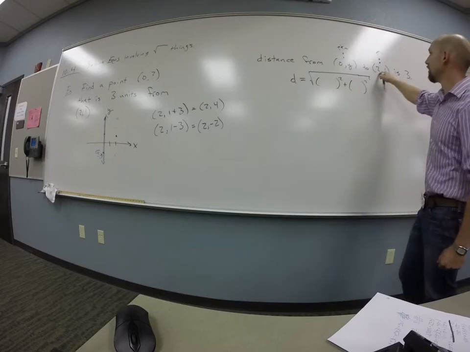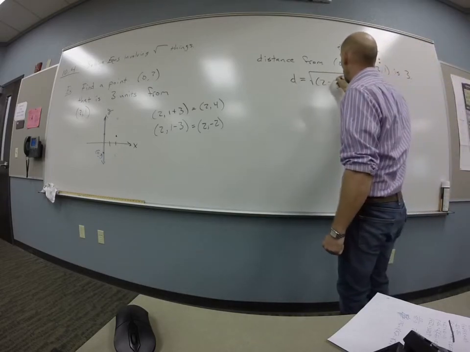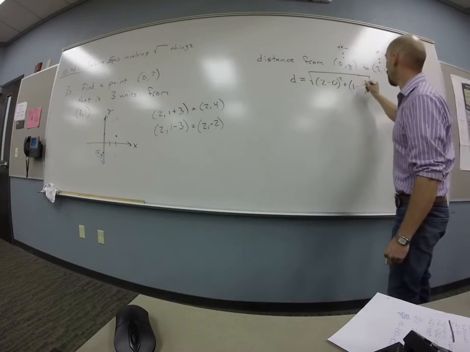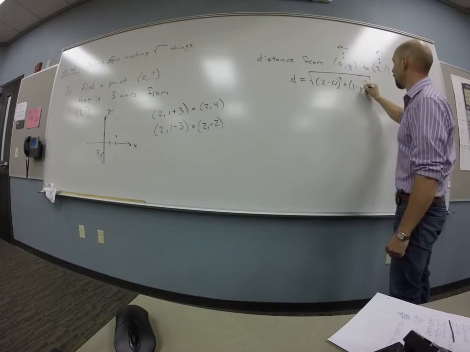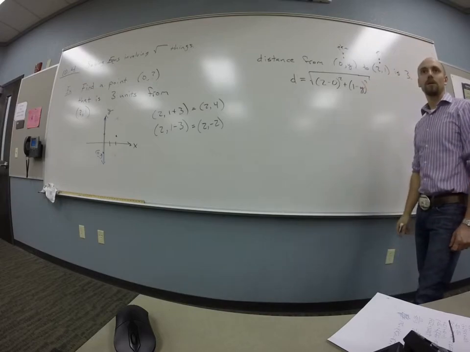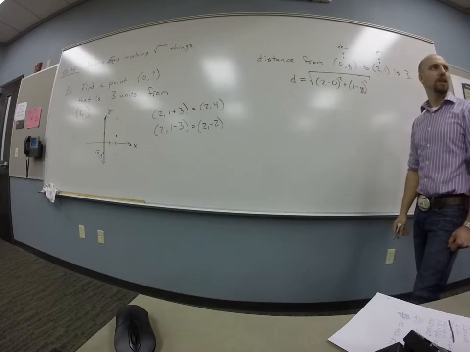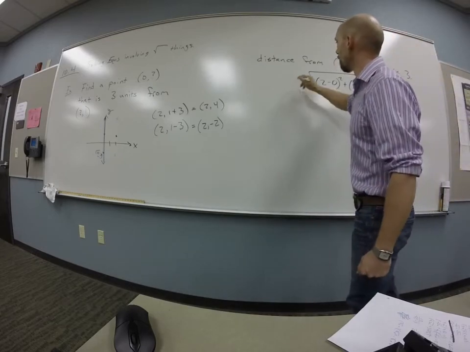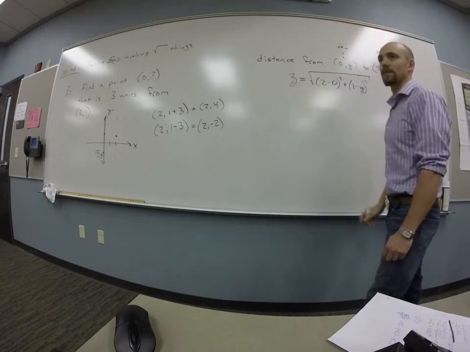So I get 2 minus 0, and then 1 minus y. Oh, but what should the distance be? I didn't really need a variable there, right? I wanted 3.